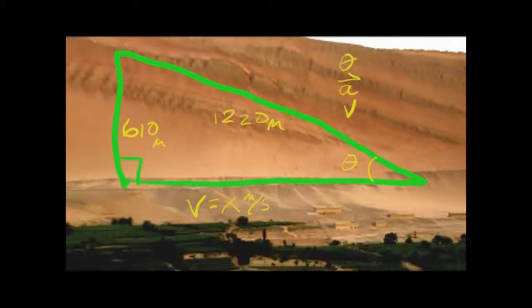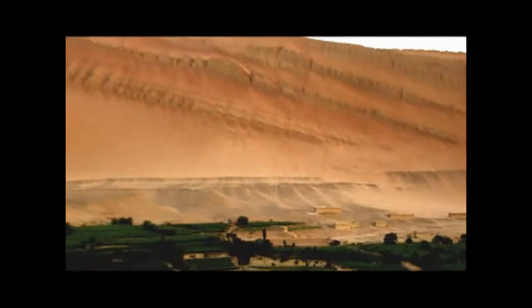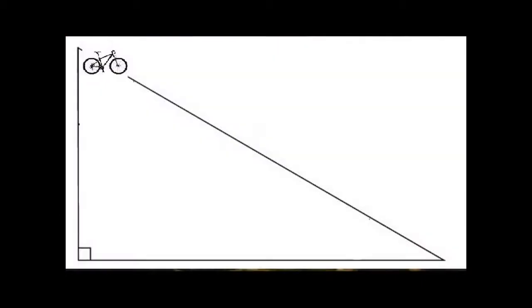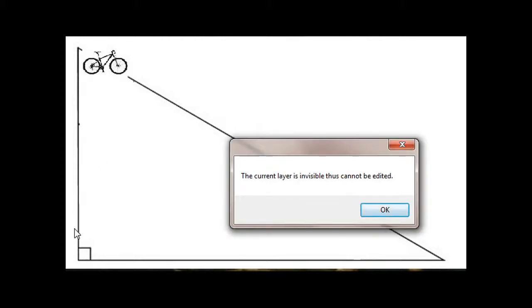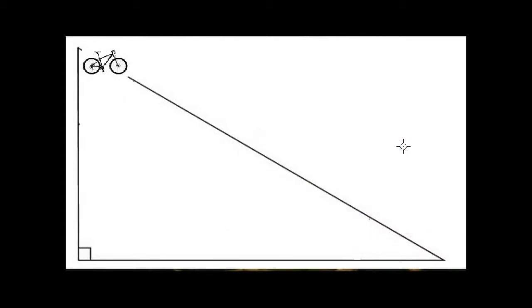Let me again draw this in for us. We know that this leg of the triangle is 610 meters, and this leg of the triangle, the hypotenuse, is 1220 meters.